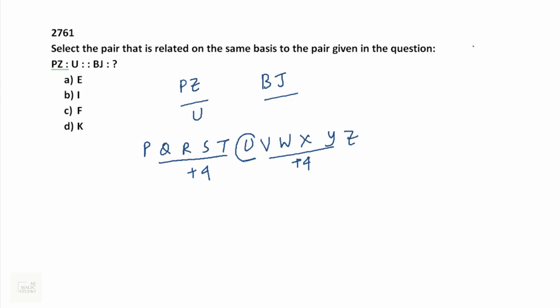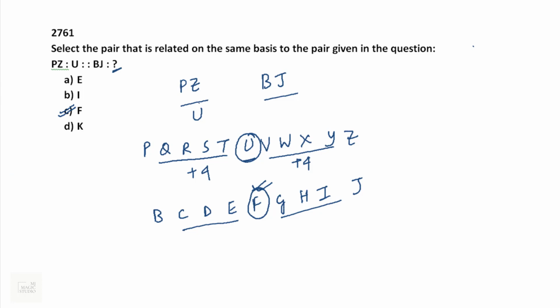That means U is in the center position of P and Z. B, C, D, E, F, G, H, I, J. 3, 3. F is in the center position of B and J. F should be the alphabet coming here.